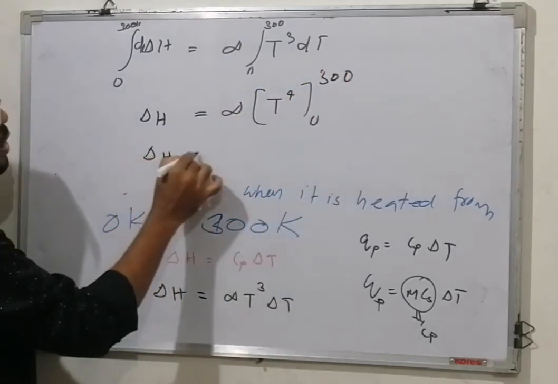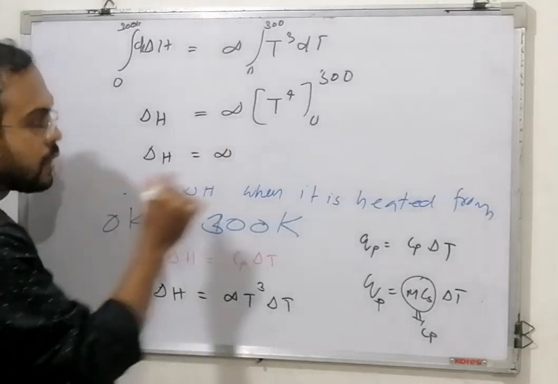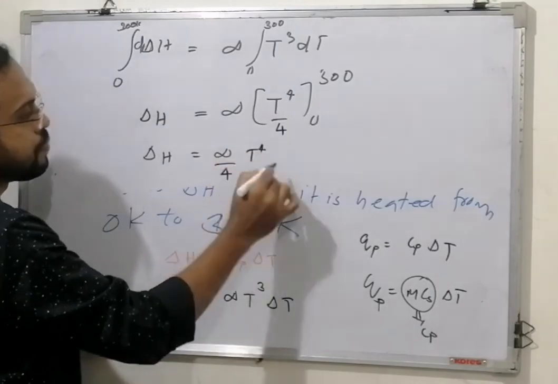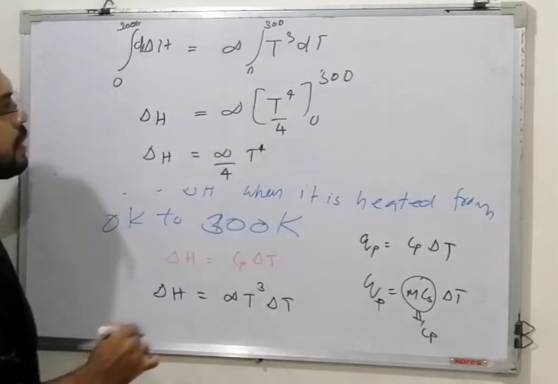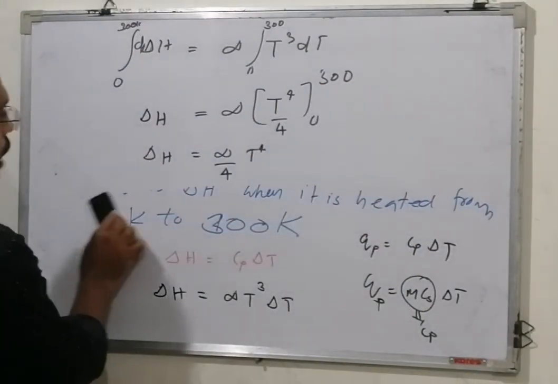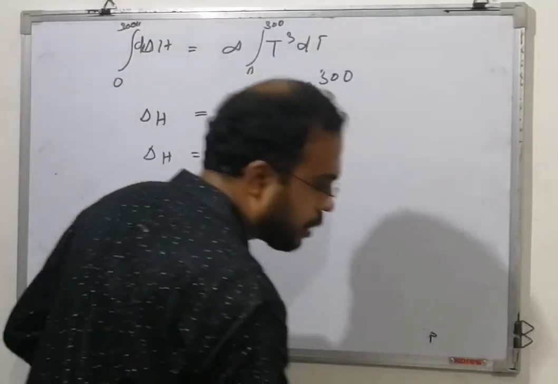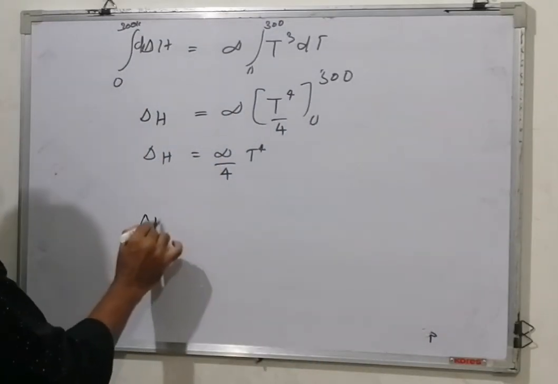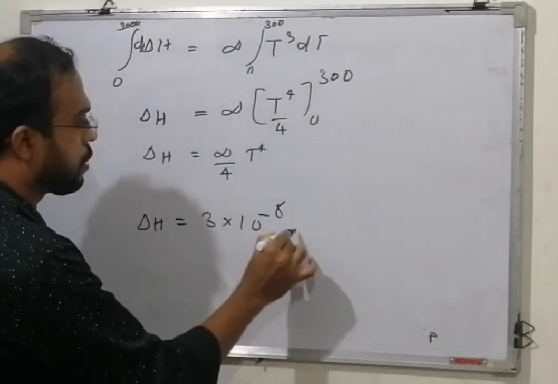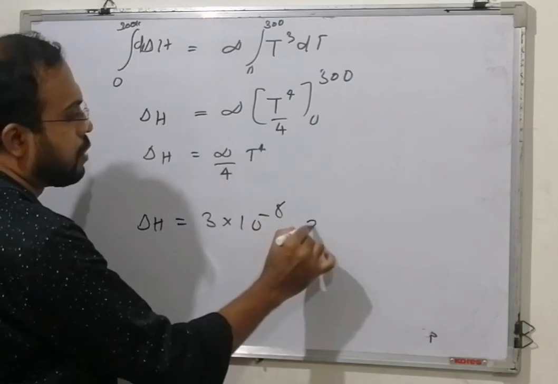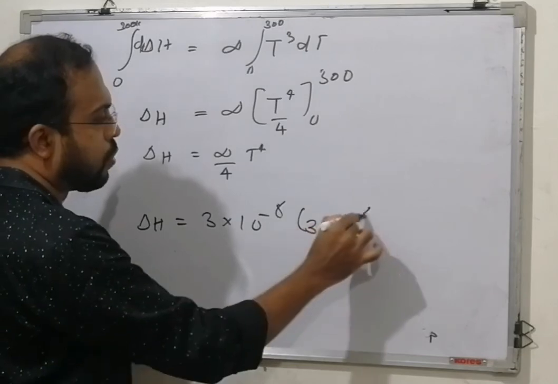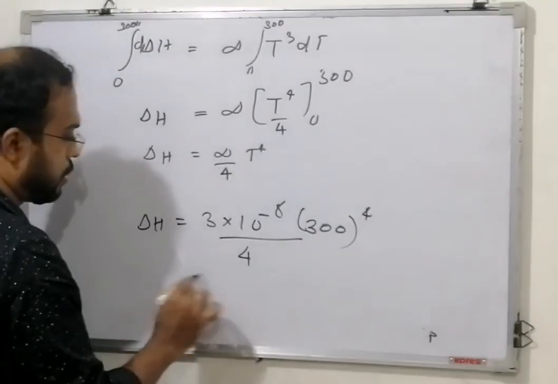That is delta H is equal to alpha by 4 into T to the 4 after applying the limit. Now you know the value of alpha has been given. Therefore delta H is equal to 3 into 10 raised to minus 8 into 300 raised to 4, all divided by 4, because the limit has been given. This is delta H.